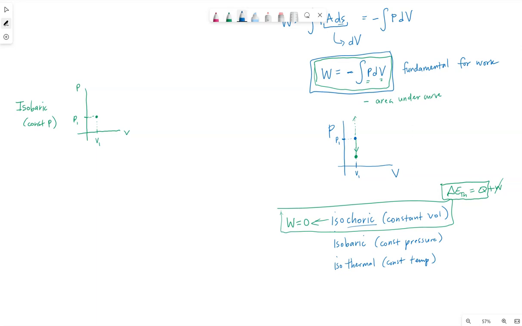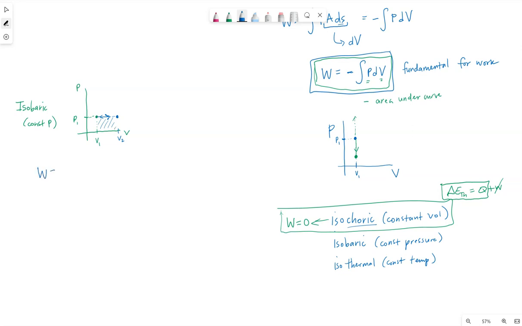So my graph would be, well, the volume could increase until we reach a final volume. Or we could also have the volume decrease until we reach some other volume. So for an isobaric process, the PV diagram is always a horizontal line. Area under the curve is just a rectangle.